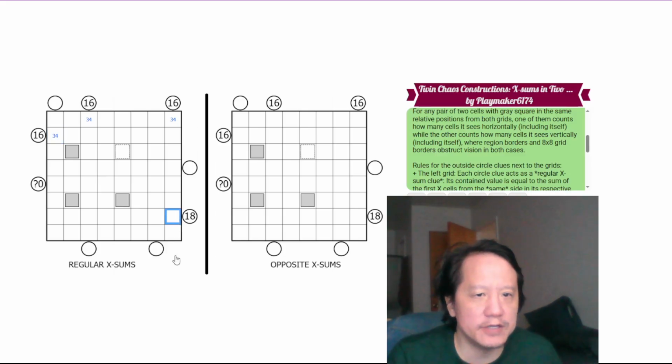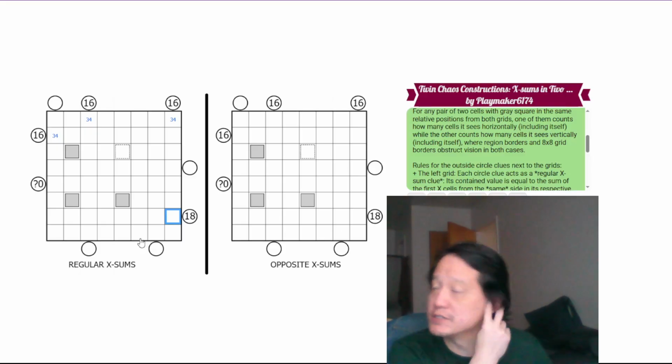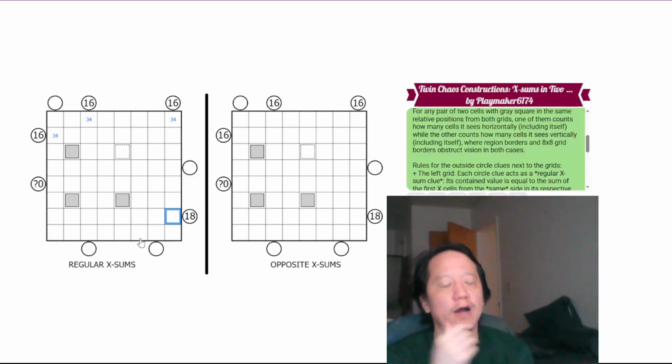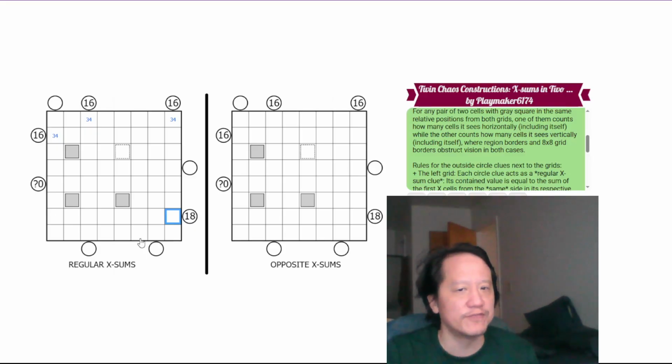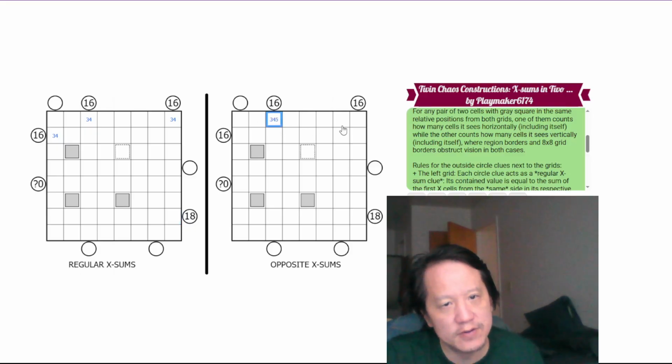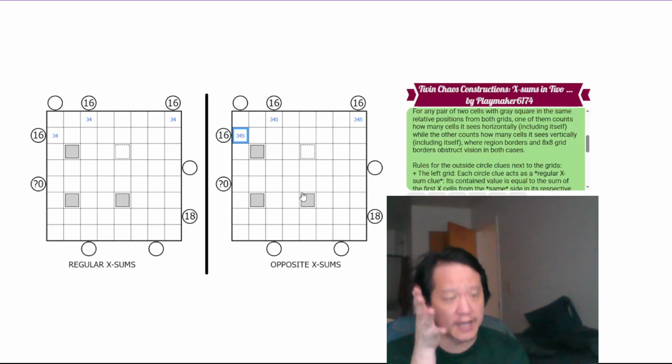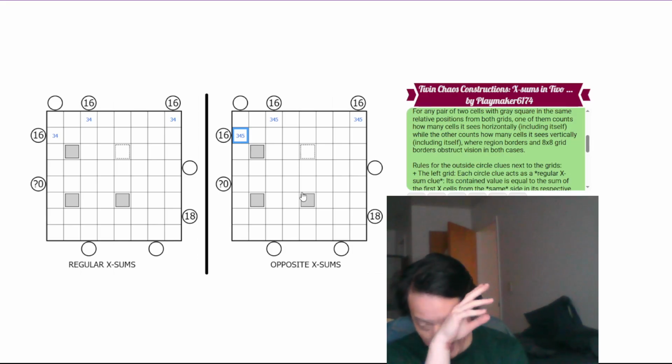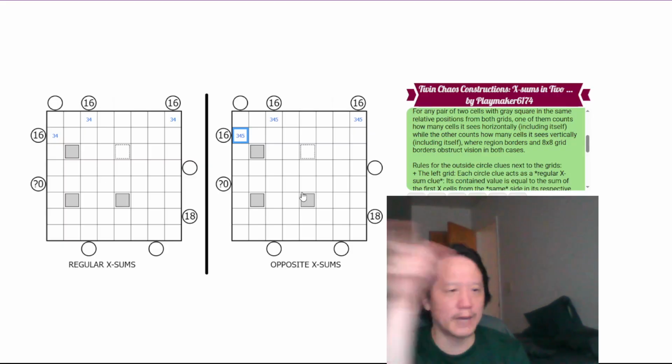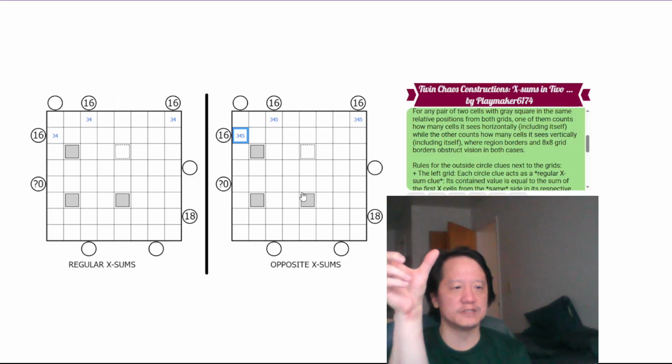What about 18? So this is for regular x sums. For opposite x sums, you could have 3, 4, or 5, because 5 can actually now be in the row, because it's the opposite set that's adding up to 16.